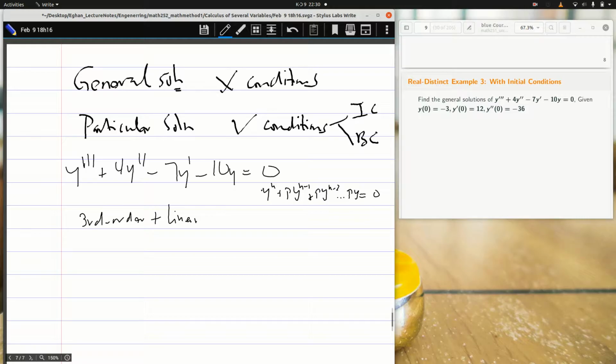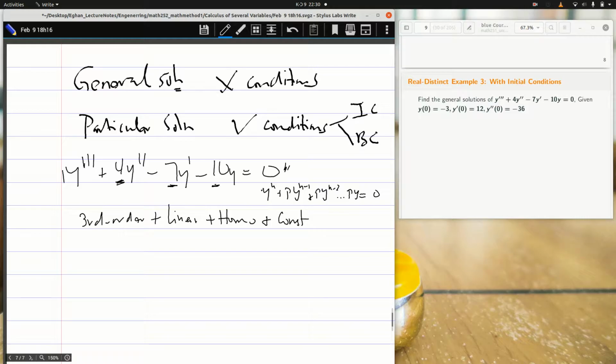It is also homogeneous. Why? Because g(t) is equal to 0. And then the coefficients are constant coefficients, because we have 1, 4, -7, and -10. So I can go ahead and use the root solution.